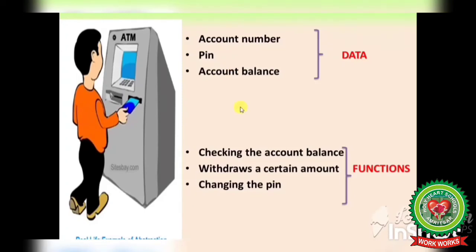You can't see the account number, PIN or balance of others' credit or debit cards. Here, account number, PIN and account balance, these 3 things are data. Checking the account balance, withdrawing a certain amount and changing the PIN work as functions of that particular machine. So encapsulation saves these things from other persons.